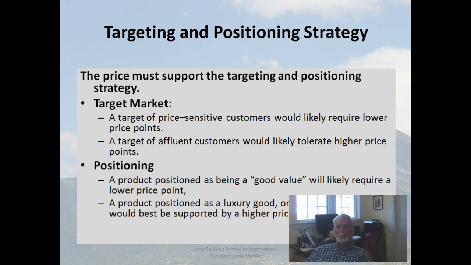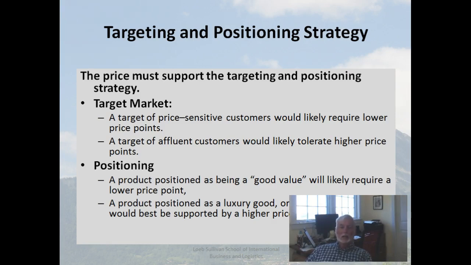If I'm positioning my product to be a good value product, I'll probably need a lower price point. If I'm positioning my product to be a status symbol, I can probably support a high price point. So if I'm selling cotton socks in packages of 6, and they're being sold at Target and Walmart, I probably have to have a low price point on my cotton socks.